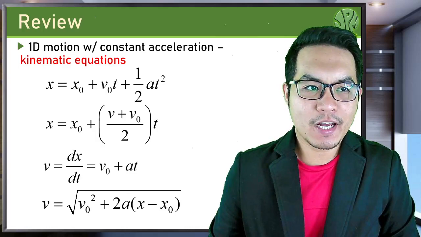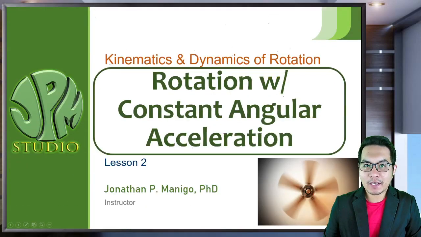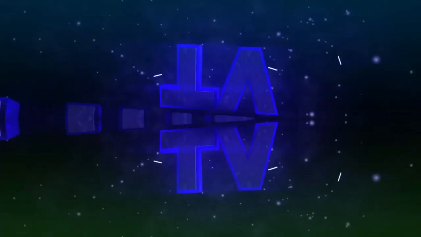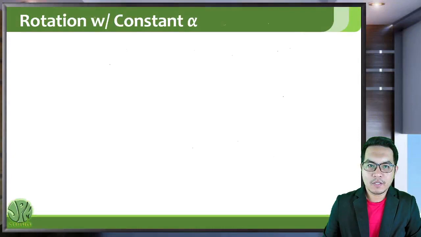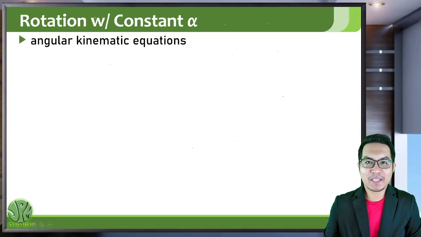So for this lesson, we will be discussing the rotational analog of those equations. So we will now discuss rotation with constant angular acceleration. So in rotation with constant angular acceleration, or constant alpha, the angular kinematic equations are basically, or not exactly, but basically the same as the linear kinematic equations.